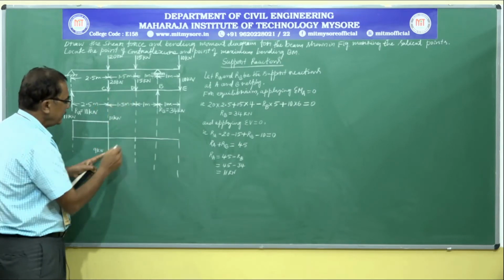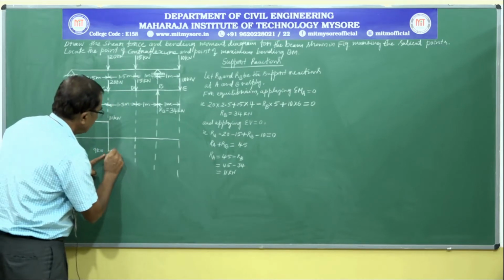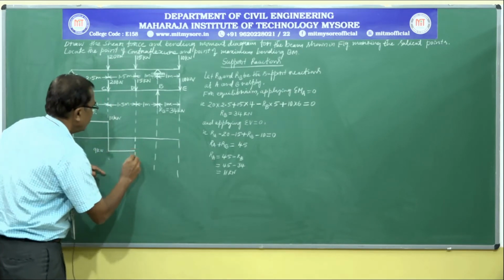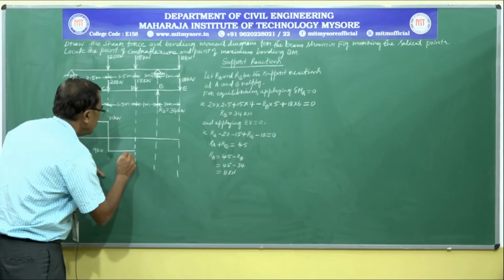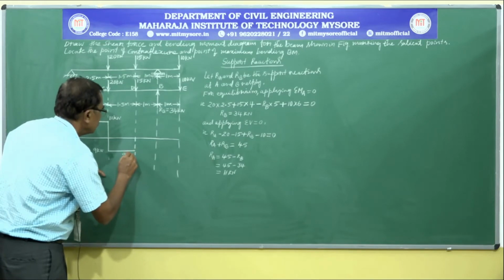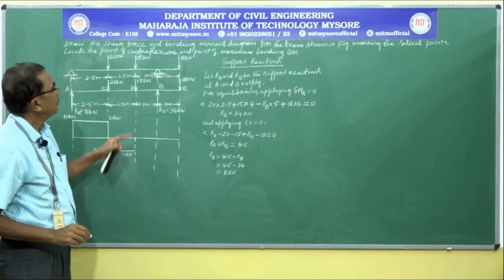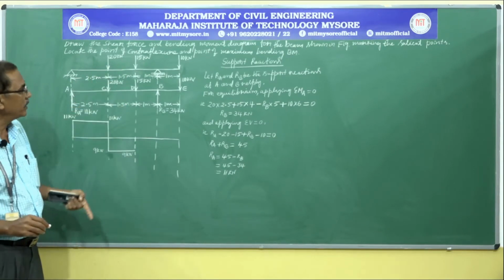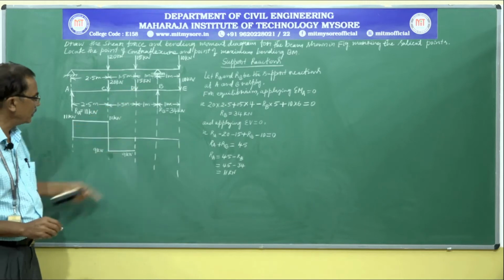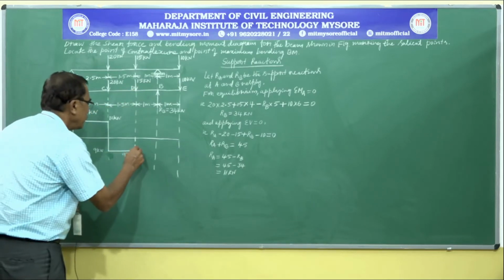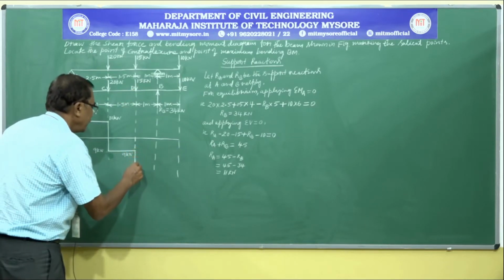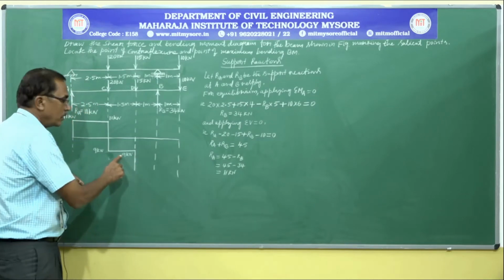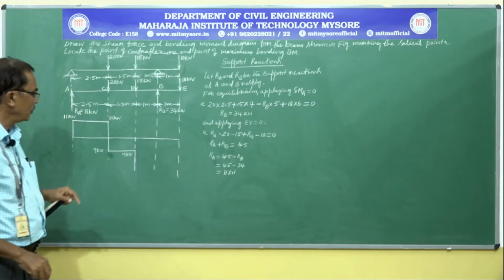Between C and D, no load, it's a horizontal line. Again here 9 kilonewton. At point D, there is a point load acting in the downward direction. The magnitude is 15 kilonewton. Come down by 15 kilonewton. Already we came down by 9 kilonewton. Further we are coming down by 15 kilonewton.